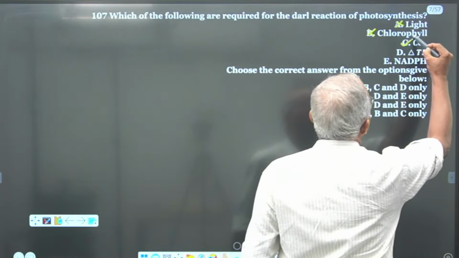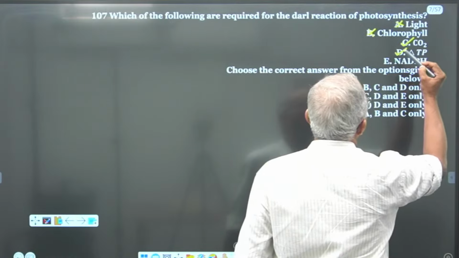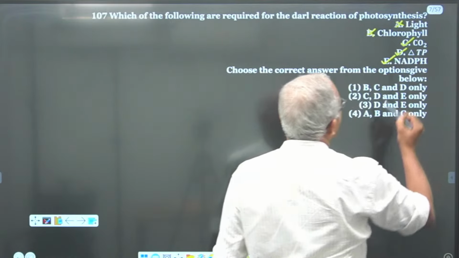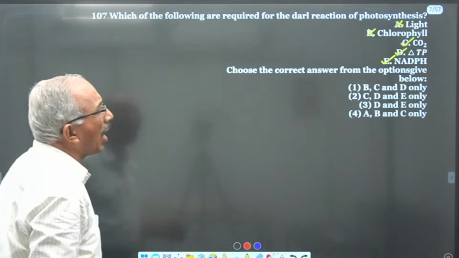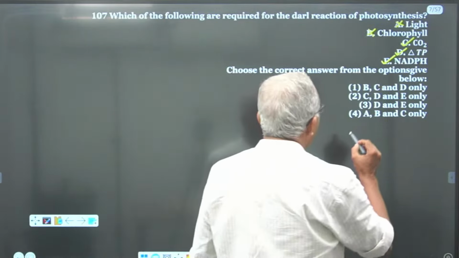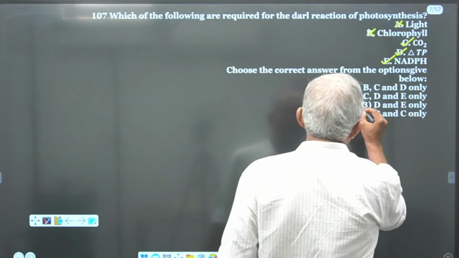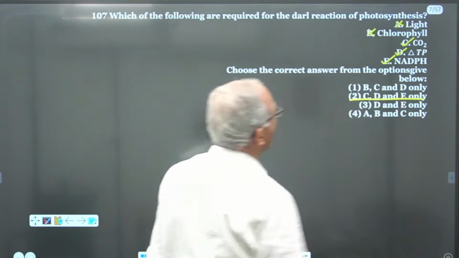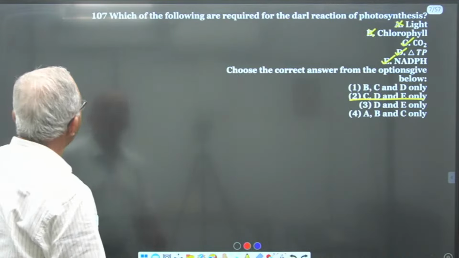C, carbon dioxide, D, ATP, and E, NADPH are required. So option 2, that is C, D, E only. Option 2.